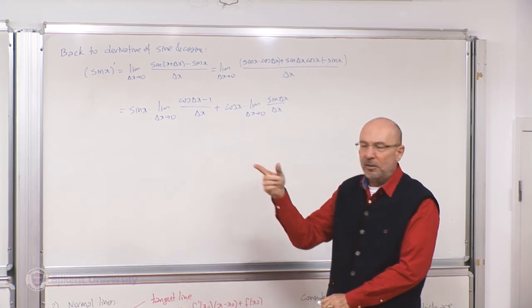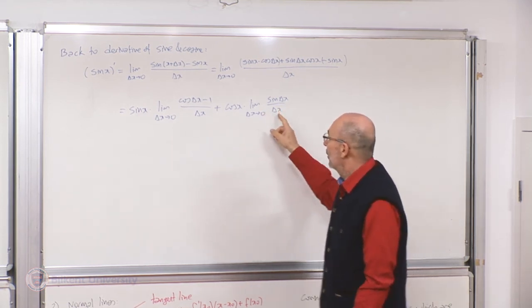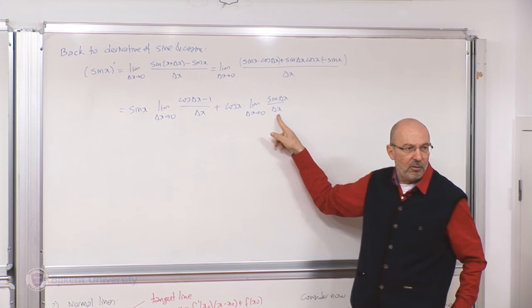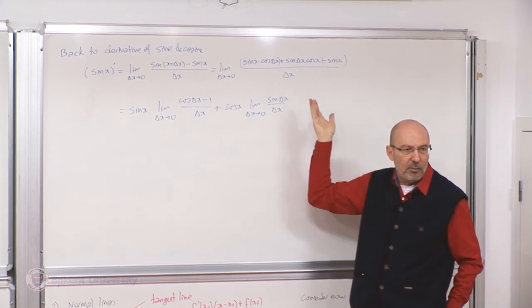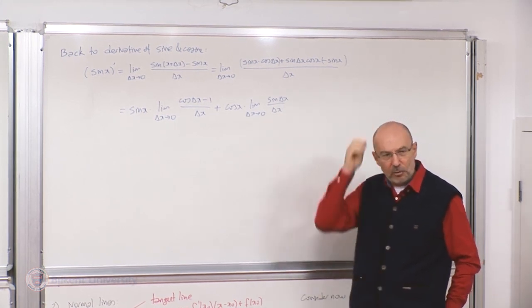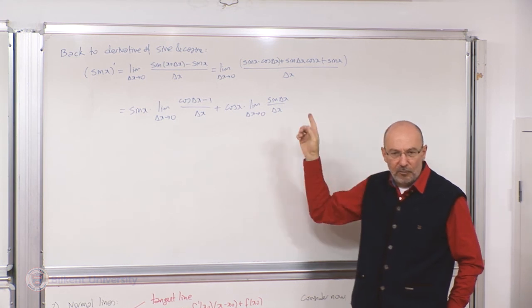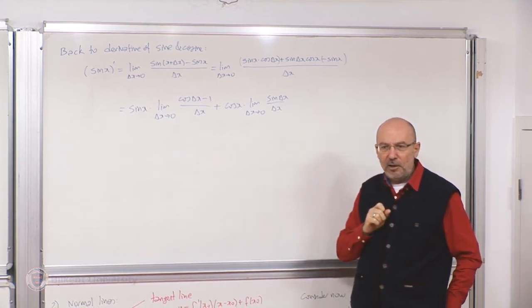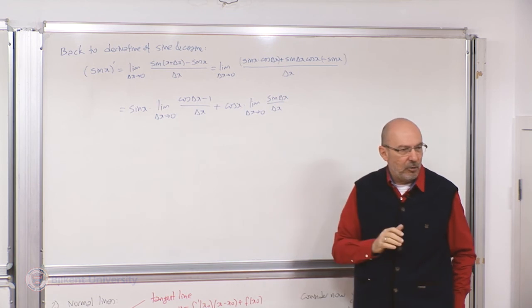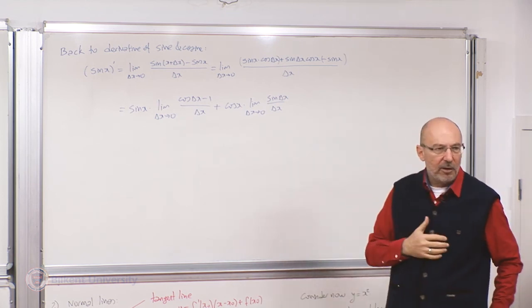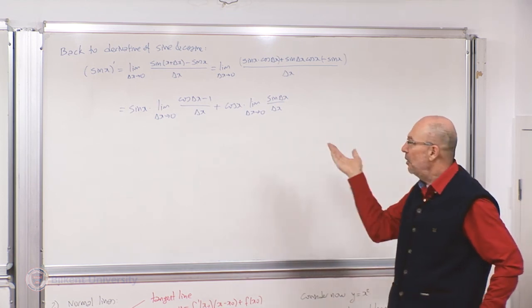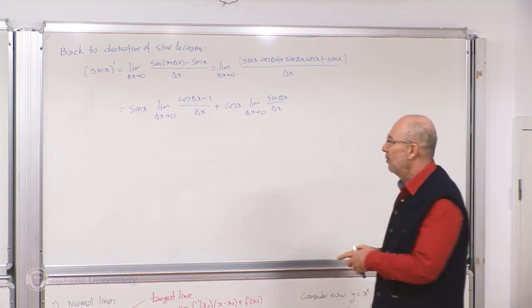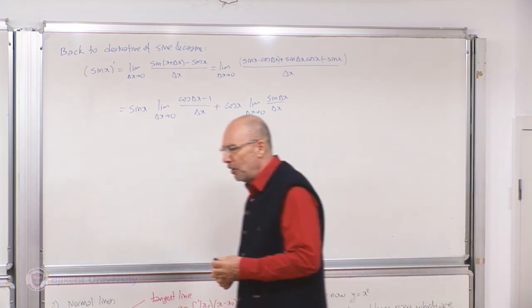Then this limit will not be 1; it will be pi over 180 or 180 over pi, something like this. So it is crucial for these things to work that you calculate everything in radians. That's why in calculus all angles are in radians, so that the derivatives of sine and cosine will be nice.